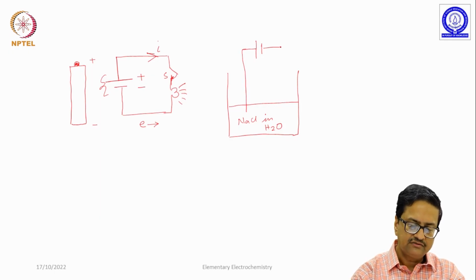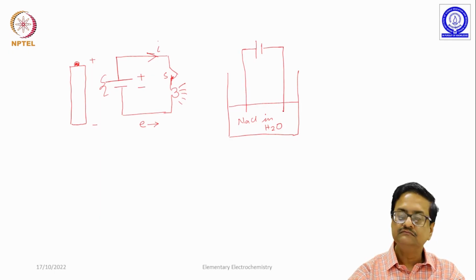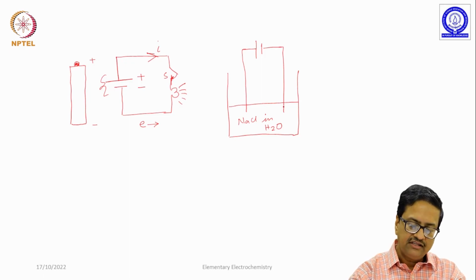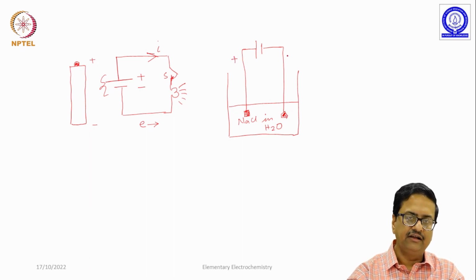You connect these two electrodes there. So I have already used a term called electrode. The tip at which you are dipping and making the electrical connectivity with water is the electrode. So this is your positive and this is your negative end.